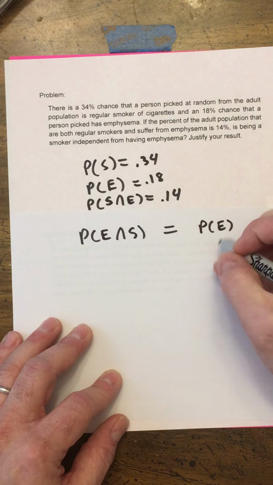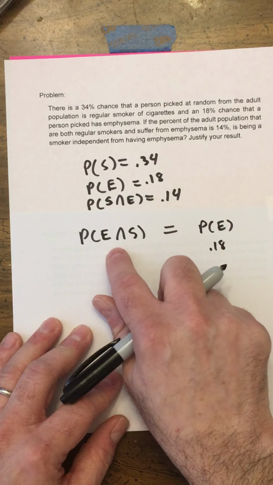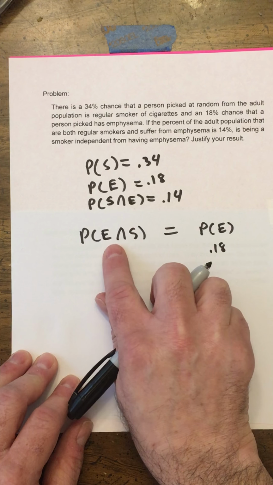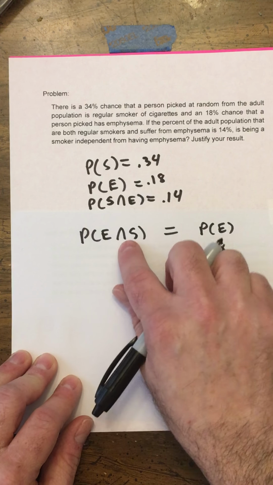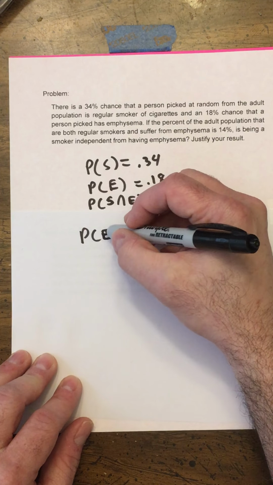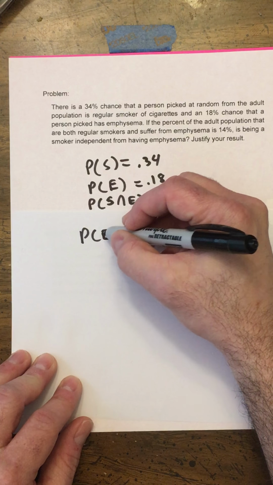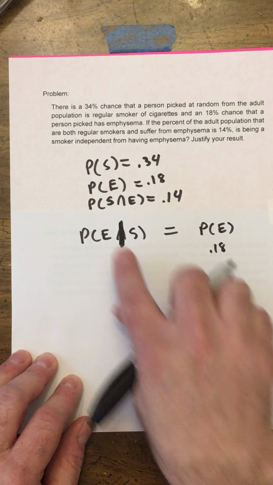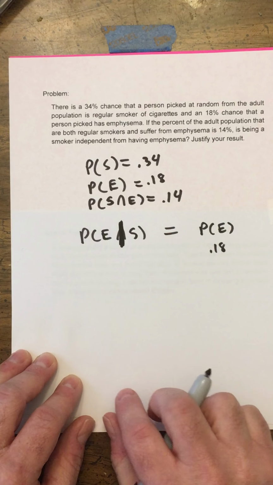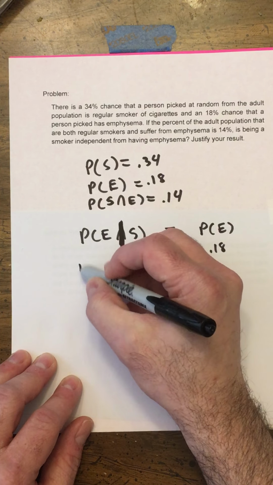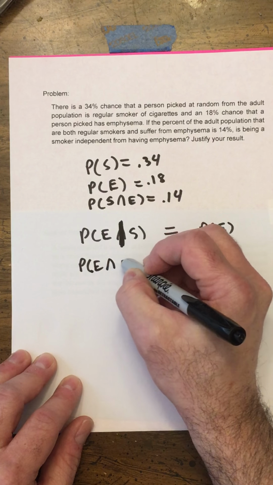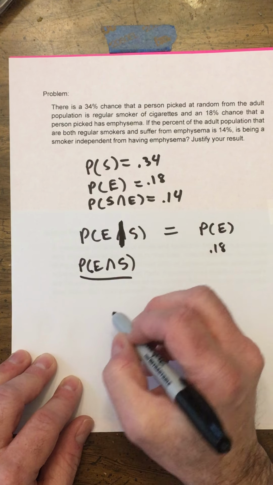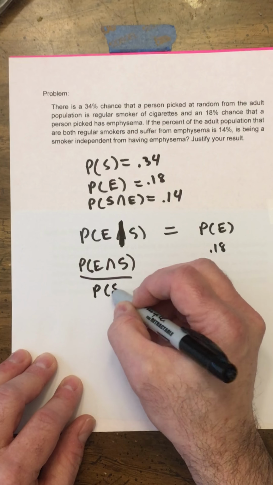Well, we know this already. This is 0.18. We know how to compute this. This is a mistake. The probability that a person has emphysema given that they're a smoker, this is a conditional probability, sorry about that. That we have to compute by doing the probability of E and S, the person has emphysema and is a smoker, over the probability that they're a smoker.